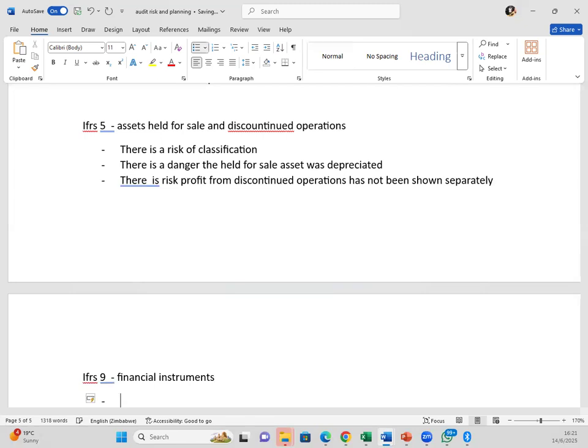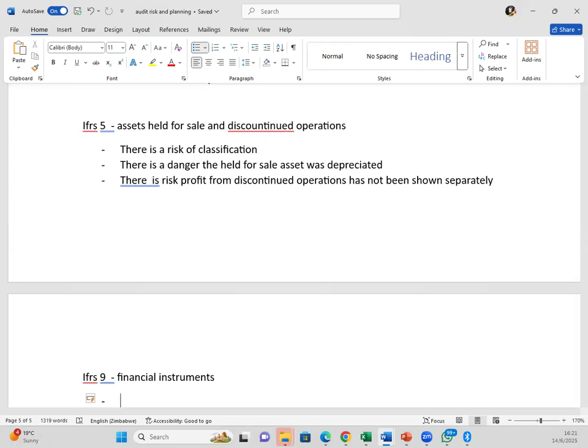So the firm can invest in financial instruments. The financial instruments, they have quite a lot of steps that we need to take. So failure associated with financial instrument, there's a risk of accounting for these financial instruments.